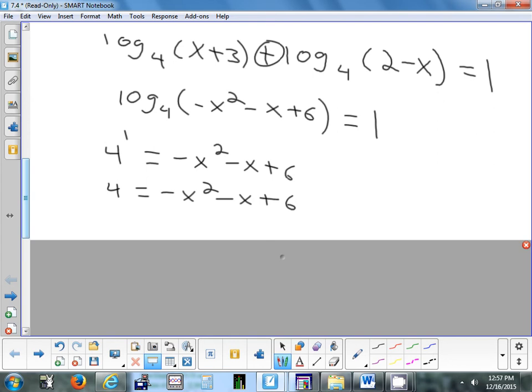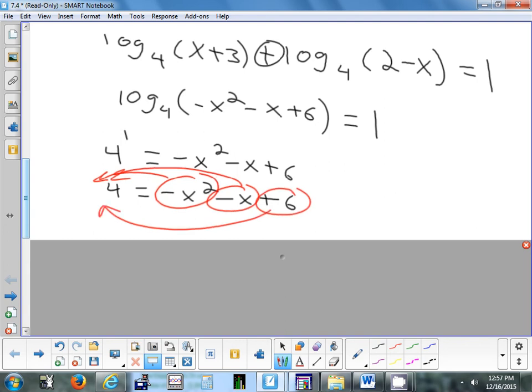If you want to factor something, you have to get it equal to what number? Anytime you want to factor, it's got to be equal to 0. So I need to move everything to one side. I'm going to take all these terms and move them to the other side.